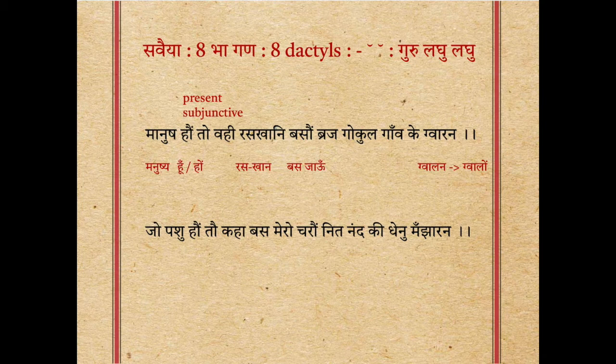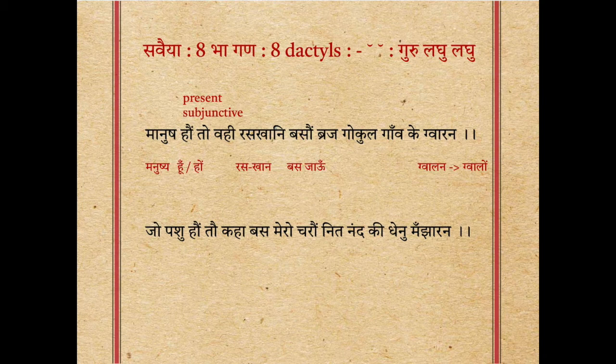So may I, the same Raskhan, dwell, Braja Gokula Gaon ke Gwarana. So Gwarana, the cowherds, and we know that there has to be some kind of postposition here, and so we can infer that it might be Gwaran ke beech, among the cowherds.